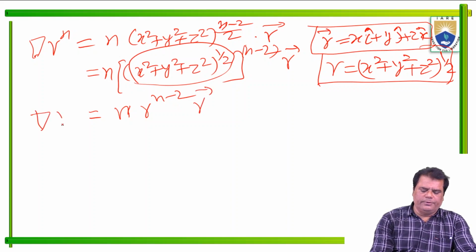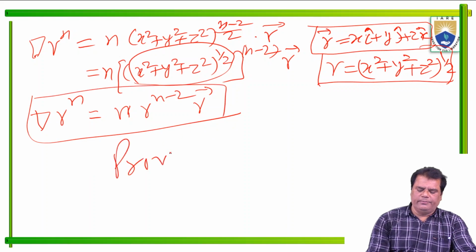This result is proved: del r^n = n r^(n-2) vector r.